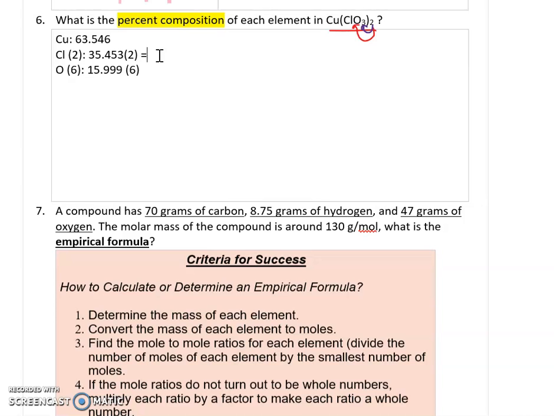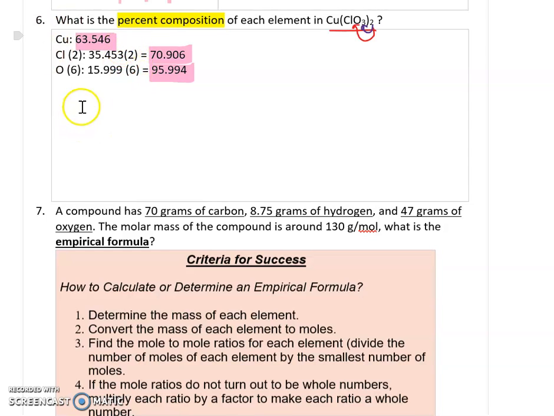35.453 times 2 is equal to 70.906. 15.999 times 6 is 95.994. So now I have the masses of each element in my compound, multiplied by however many atoms there were.